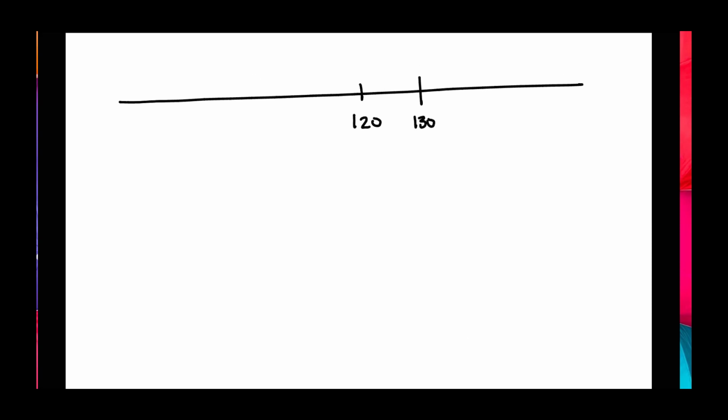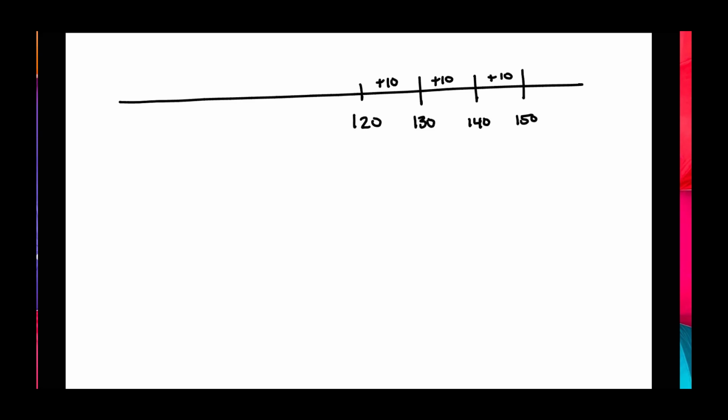Okay, so what I usually do is instead of drawing a curve, I just draw a line because I don't know what the curve is going to look like. So 120, and then I'm going to go out 1, and again, the standard deviation is 10. So I'm going to go out 1 and get 130, go out 2, so I added 10, add 10 again, I get 140, add 10 again, I get 150.